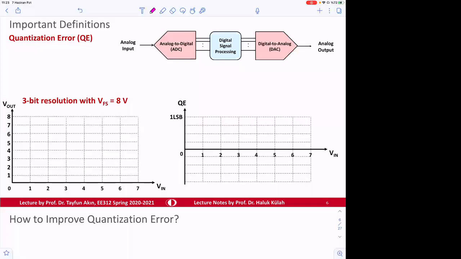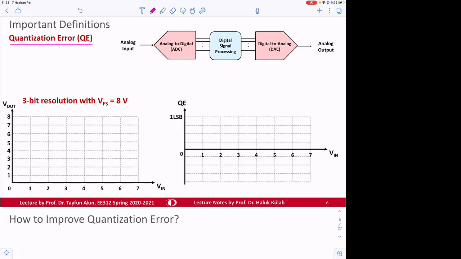So again, for simplicity, we call that error quantization error. Okay, you cannot escape from this error. And this error will depend on your bit resolution.